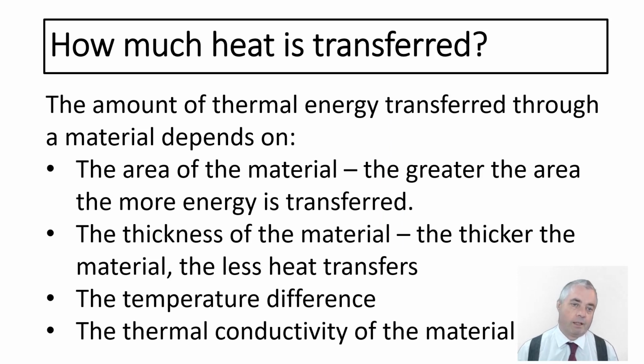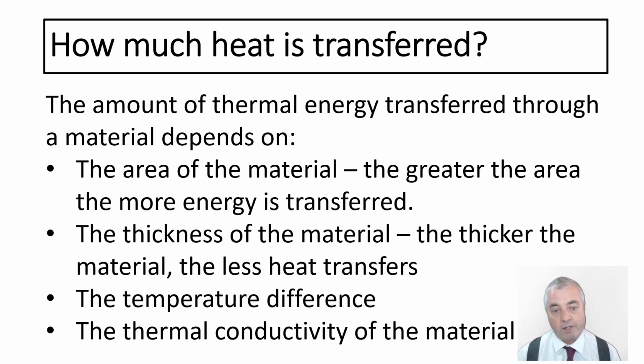And if you're thinking, as you would have to if you were designing a house, how much heat is being transferred out of the house, well, the speed with which energy is transferred through a material depends on, first of all, the area of the material. So if you think about a window, the bigger the window, the faster energy is going to pass through it.